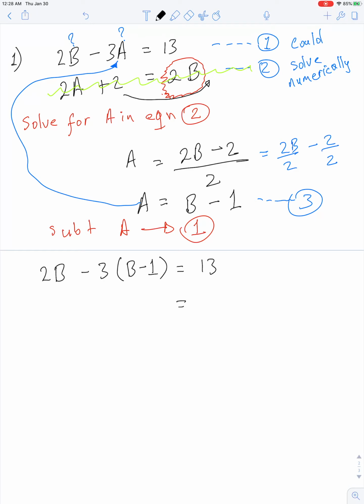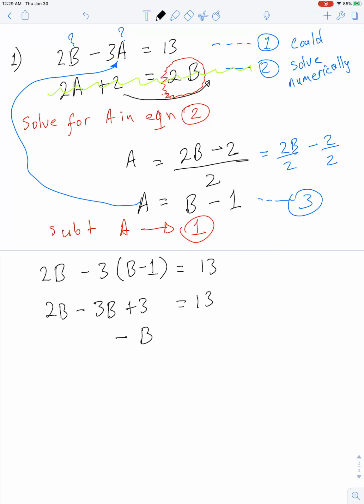Now I expand that, so I multiply through by 3, so that gives me 3b. Negative 3 times negative 1 gives me a positive 3, 13. I group all my like terms, so that would be negative b, I think.